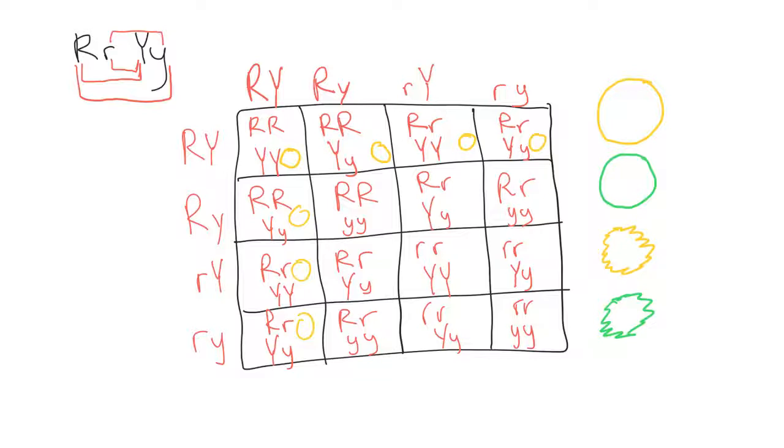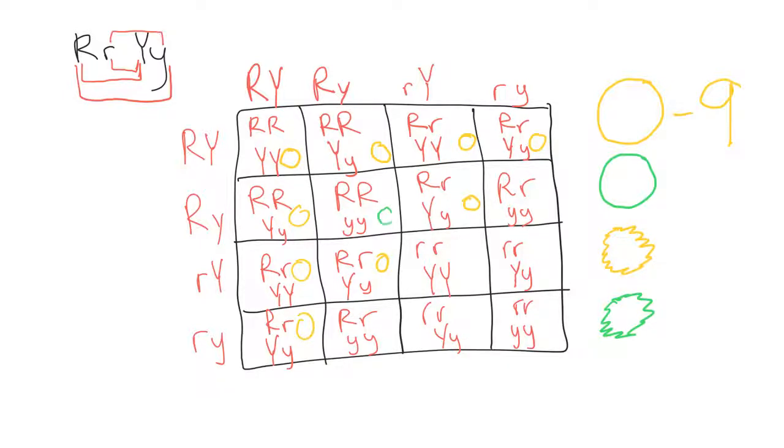Are there any other round yellows? Yep, so there's one here and one here. I think that's the total. So how many total round yellows do we have? 9. Good. Now let's look for round greens. For that, you need a big R and 2 little y's.